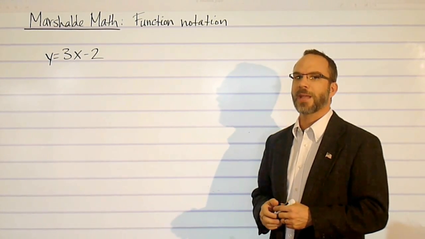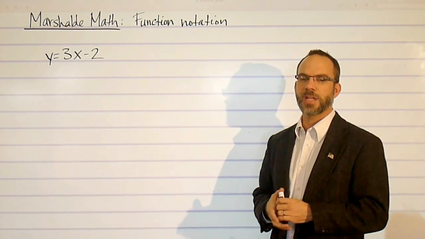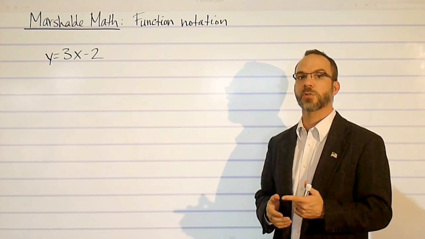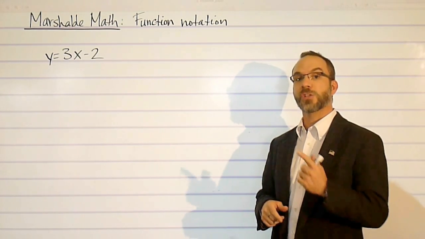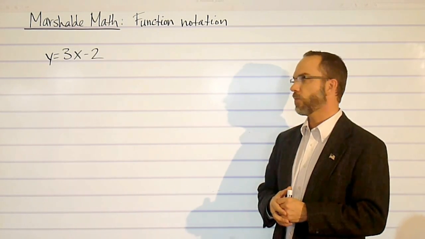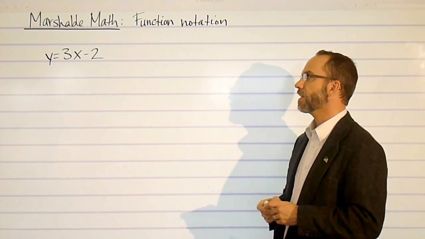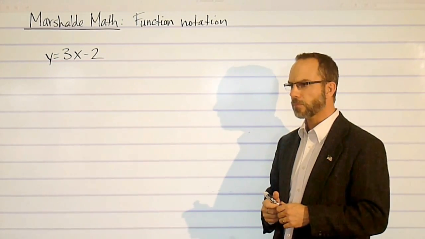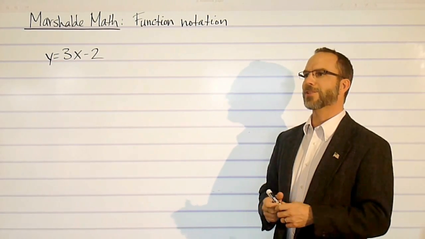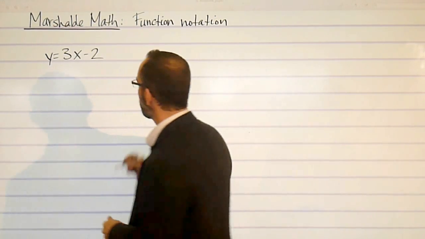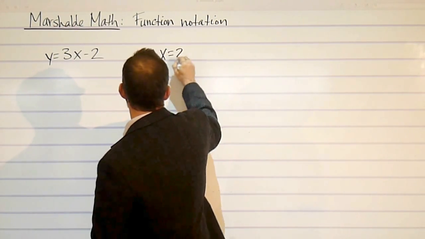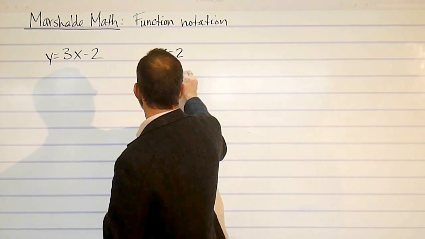If you remember from the last video, we defined a function as a relation in which there is only one output for each input. So if you come across an equation, say y is equal to 3x plus 2, the question would be, if x is equal to 2, then what's my value for y?